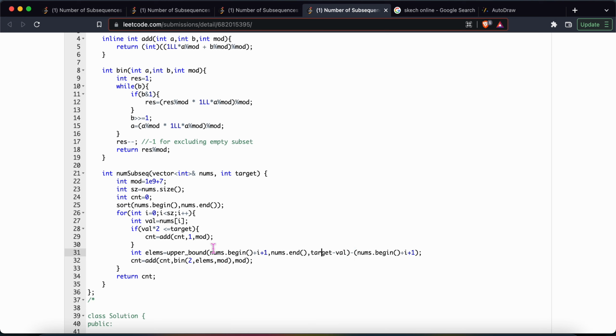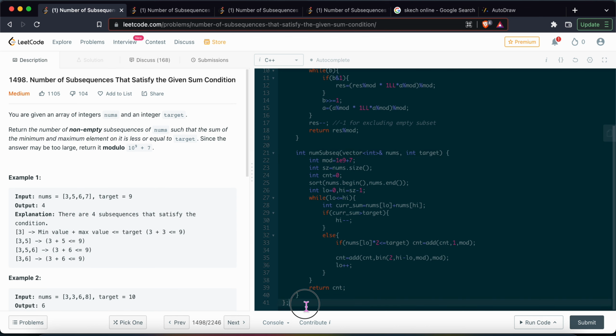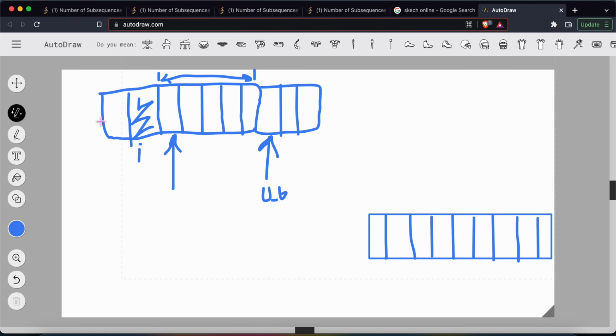and since this is the upper bound, it will give an element which is greater than the element we are looking for. Okay, and nums.begin plus i minus 1. So what happens here, suppose this is the ith position, then we start looking from here till the end of the array here.